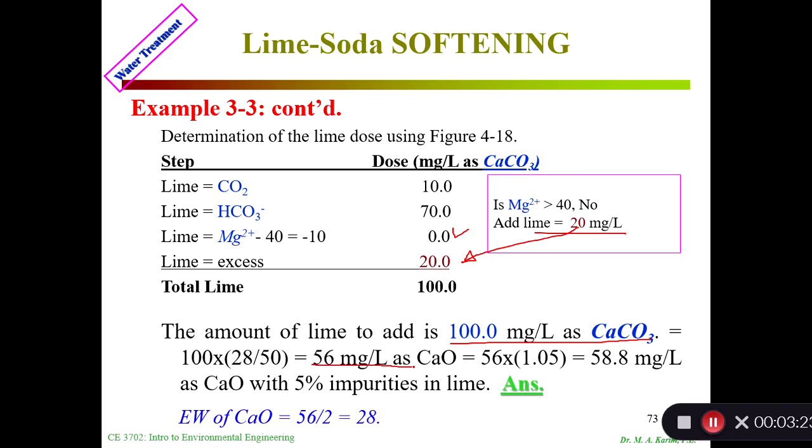I got 56 as calcium oxide. If I have 5% impurities, I multiply by 1.05 and get 58.8 milligram per liter as calcium oxide. That means I need 58.8 milligram per liter of water to treat. That is the meaning of this.